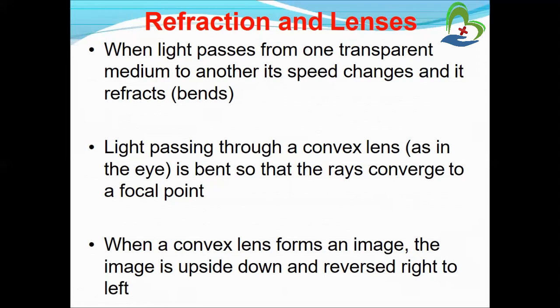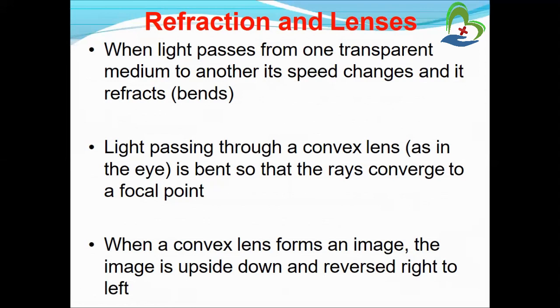The light passing through the convex lens is bent so that the rays converge onto the focal point.